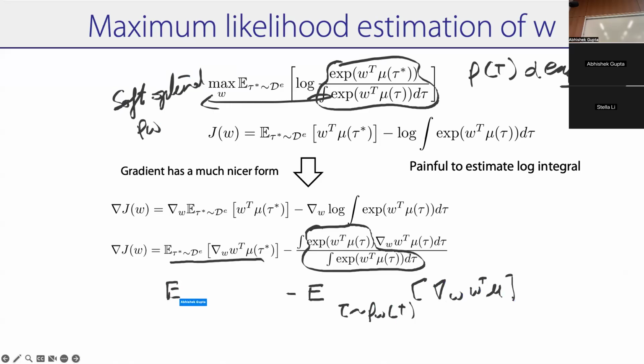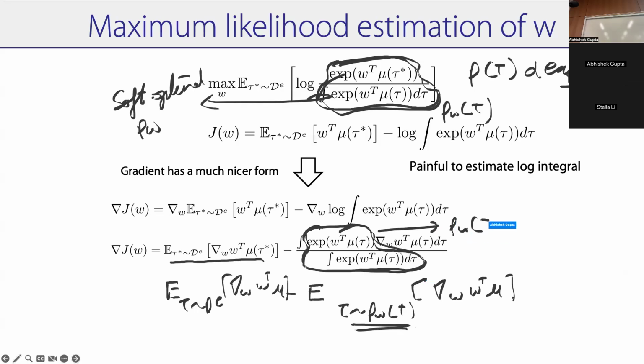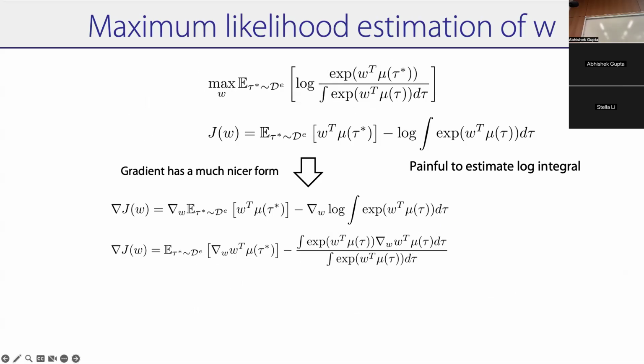So the first one is going to be from your expert, grad W transpose mu. The second one is going to be from your soft optimal distribution, BW of grad W transpose mu. Right? So let's call this distribution BW tau. And all we saw is that this thing is just exactly the same, which is BW tau. Okay? And so all that this objective says, it simplifies to something really nice and easy.